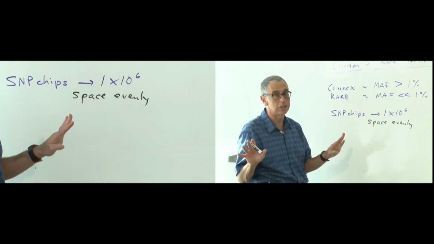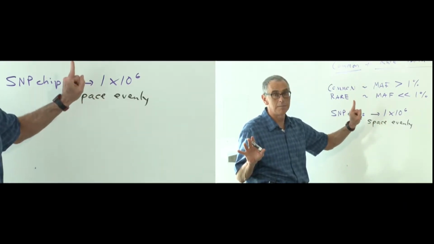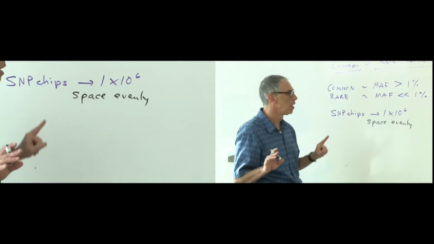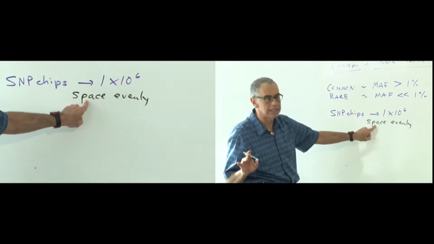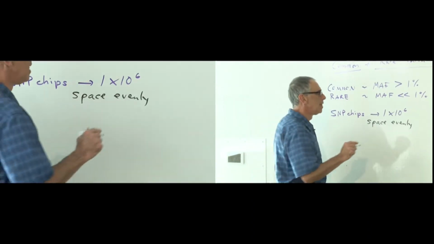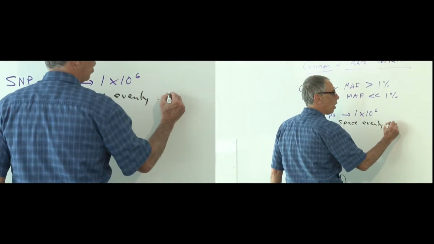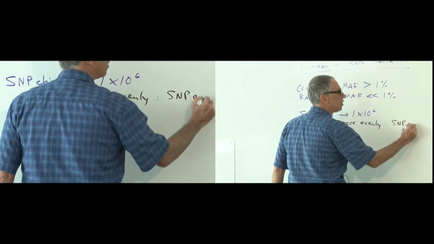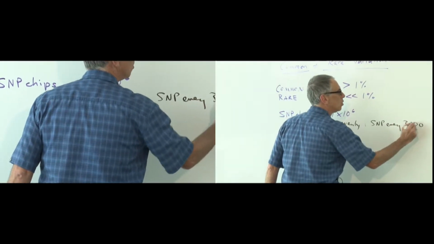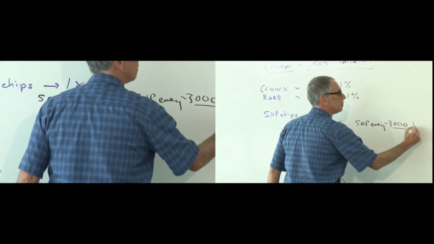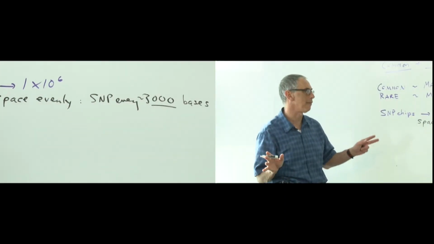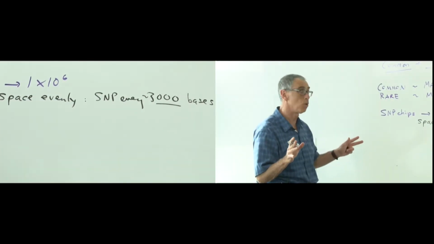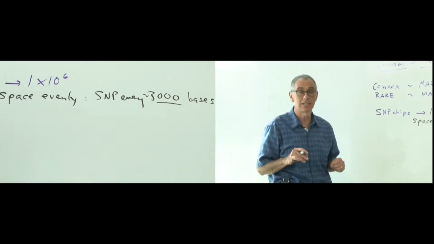It's not going to be a full genome sequence. It's just going to be assaying 1 million locations. So if you get to pick 1 million locations, and if you want to space them evenly throughout 3 billion bases, that means you should put a SNP every 3,000 or so bases. So that's going to be the spacing of the SNPs on average, every 3,000 bases. That's pretty high dense sampling.